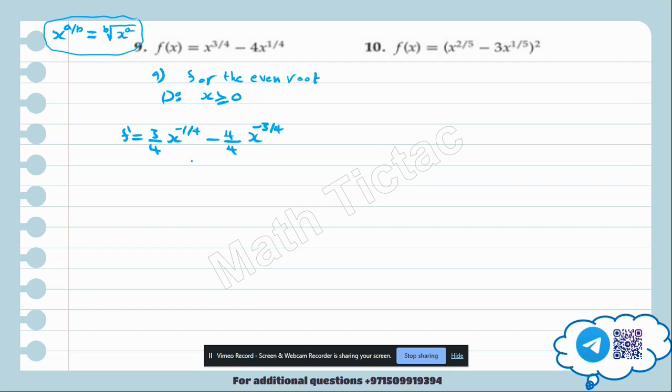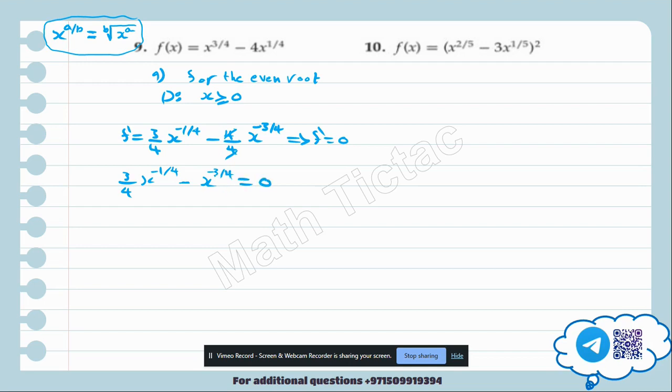Now directly making the derivative equal to 0, okay, so this is 3 over 4 x to the power minus 1 over 4 minus, this is 1, okay, so x to the power minus 3 over 4 equals 0.